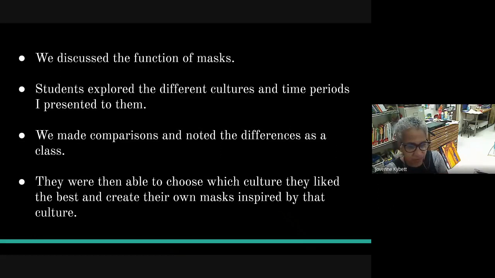So they got to look by themselves. We talked about it as a class and discussed it as a class, and then they were able to work either independently or by themselves as they were building these things. And we would check each other's progress and go back and forth, and it gave them different opportunities for learning, which is also something that we need to think about when we think about different cultures.